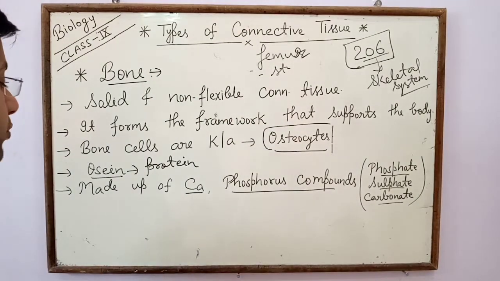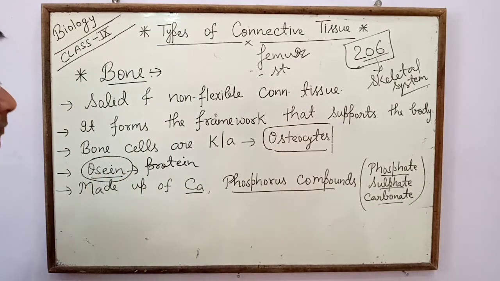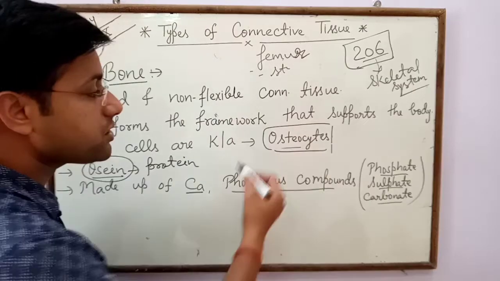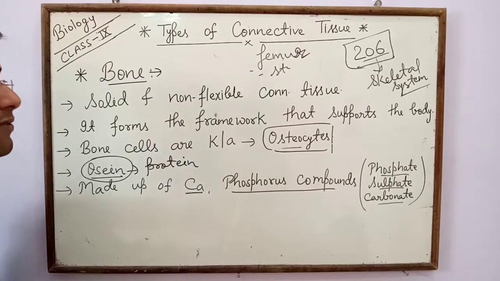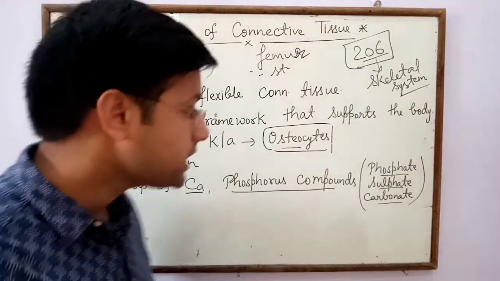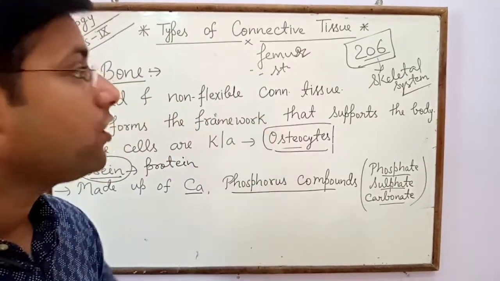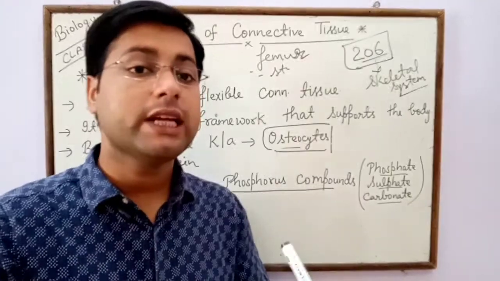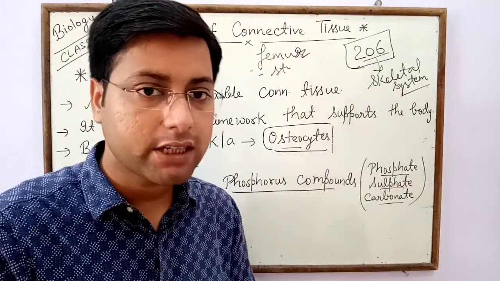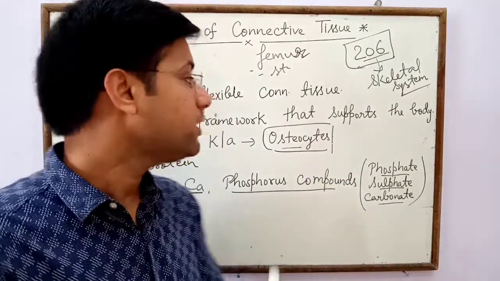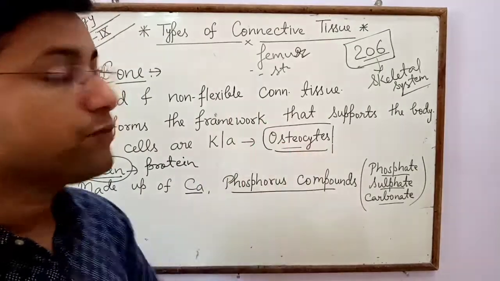So in the form of protein, ossein is present; in the form of cells, osteocytes; and calcium and phosphorus compounds like phosphate, sulfate and carbonate are all present in bone. So bone is a very special type of connective tissue which forms the framework that supports the body.